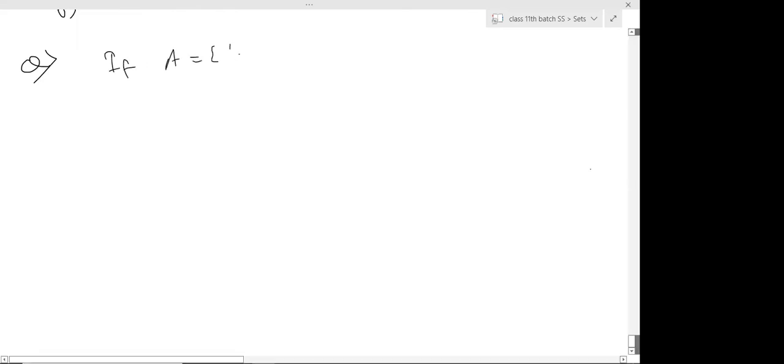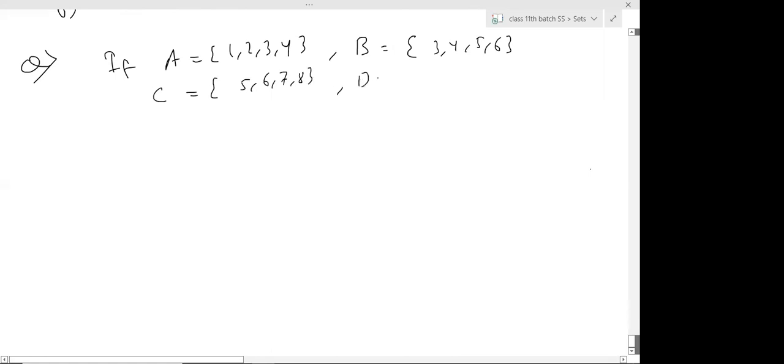If A equals 1, 2, 3, and 4, B equals 3, 4, 5, and 6, C equals 5, 6, 7, 8, and D equals 7, 8, 9, and 10. Same type of question: A union B, but this time don't make any silly errors.